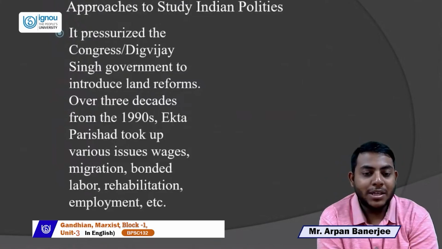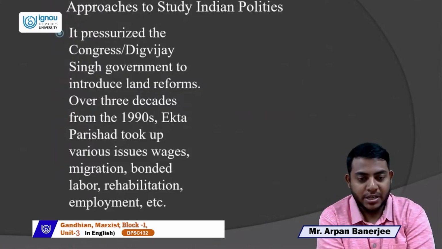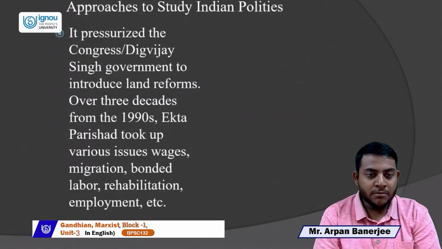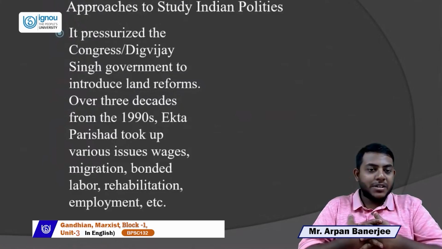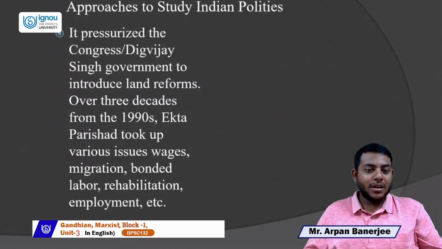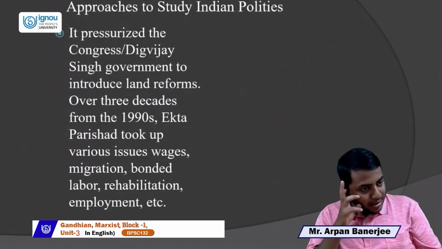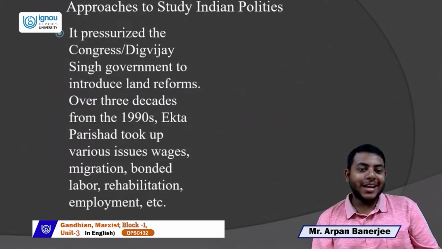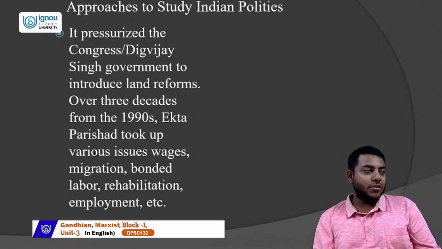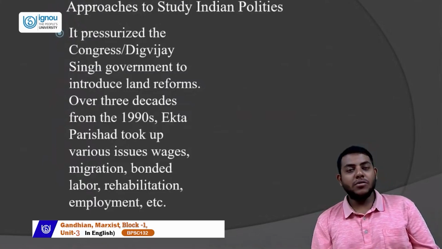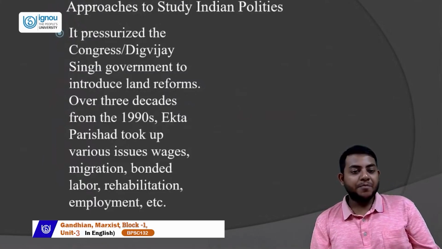To implement these Gandhian principles, the Ekta Parishad has done a commendable job. It pressurized the Digvijay Singh Congress government to introduce land reform so that the vision of Article 39, which is a Gandhian vision, can be implemented, which says the means of production should not be concentrated in a few hands to the common detriment.